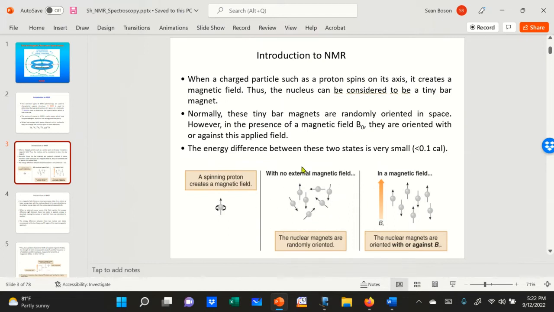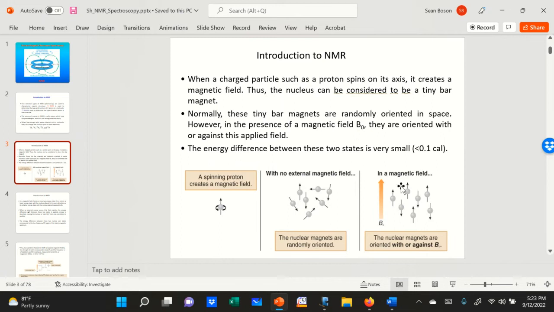However, if these randomly oriented nuclei in a sample of molecules in a test tube are suddenly placed in an external magnetic field, which is a billion times more powerful than the magnetic field of a nucleus, the nucleus being extremely tiny, what happens?